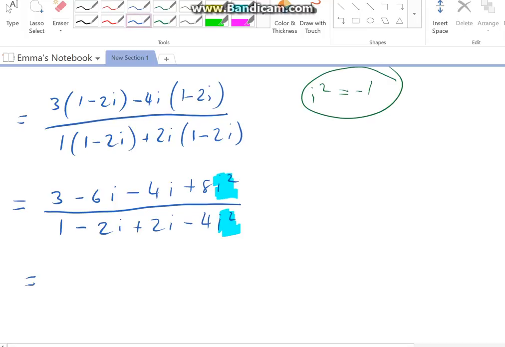So again, it's just like algebra, keep your like with your like. So we've 3 minus 6i minus 4i, well, that'll give us minus 10i, plus 8. And because we have the i squared, we sub in minus 1 for it.